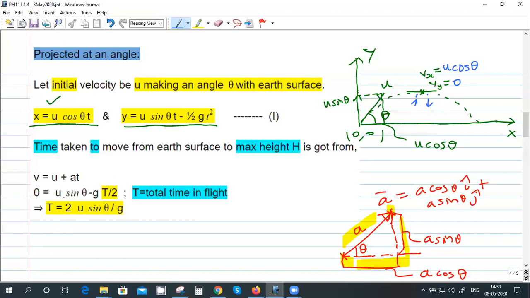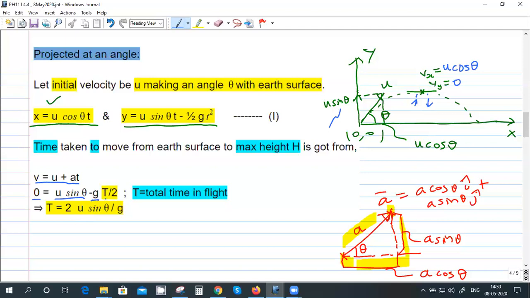I can use that equation anywhere the acceleration is constant. Here v is the velocity at the maximum height point, so v is 0. The initial velocity is u sin theta, and acceleration is minus g.